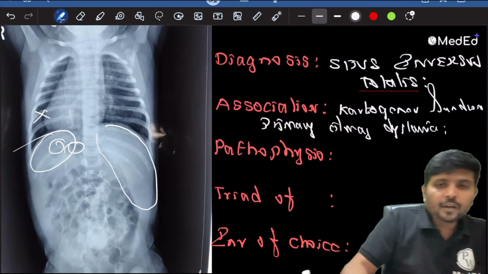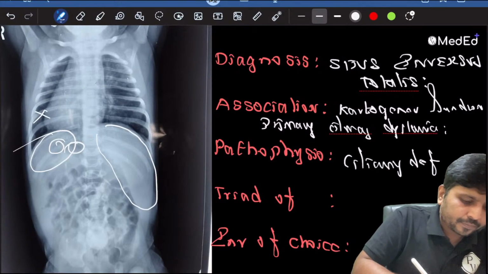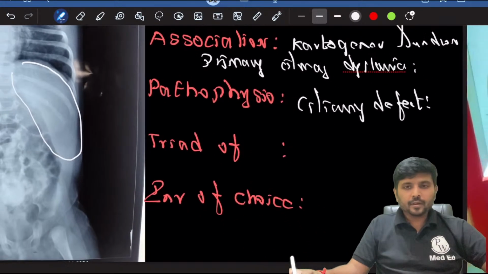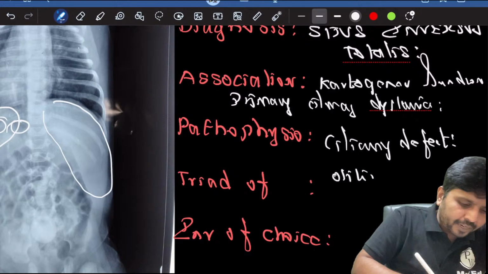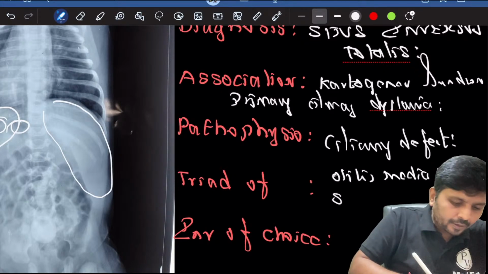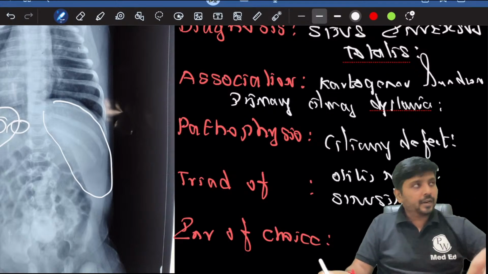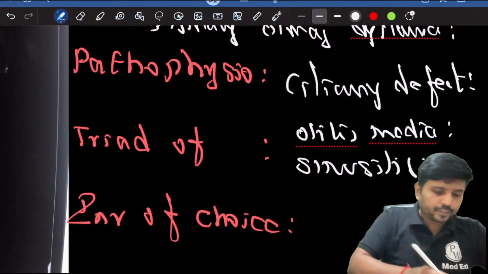What is the pathophysiology? It is mainly due to a ciliary defect. Cilia will not work well, and it is characterized by a triad of recurrent or resistant otitis media, recurrent sinusitis, and the last point is middle lobe bronchiectasis.